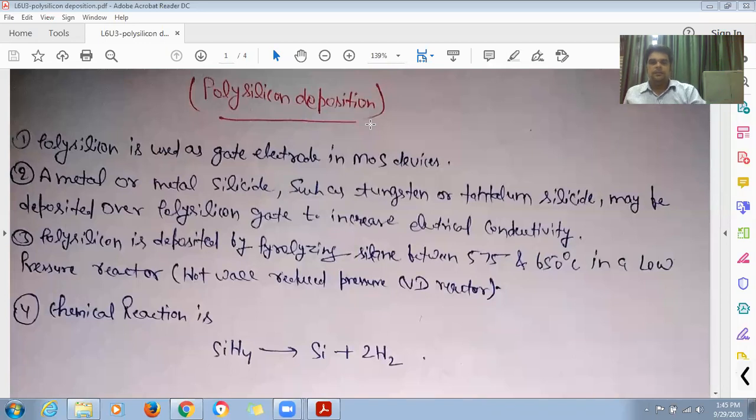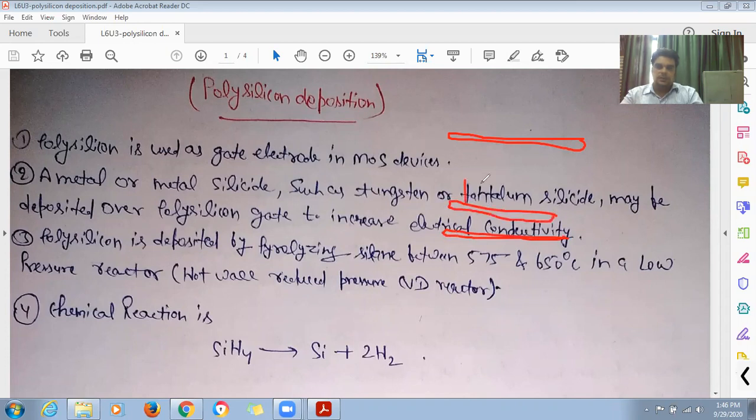In that reactor, wafers are placed vertically with respect to the flow of gas. This is the rough diagram that we can see. This is your reactor chamber. In this chamber, wafers are placed vertically. We use a three-zone furnace in this chamber, and gas is allowed to pass through in this direction to this direction.